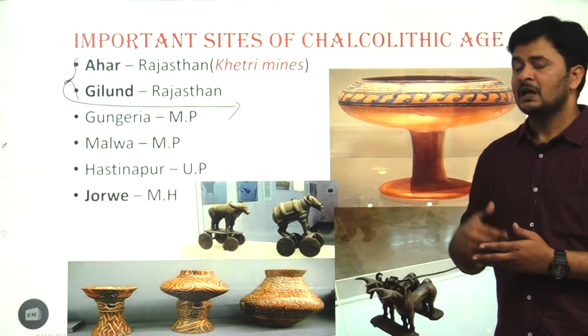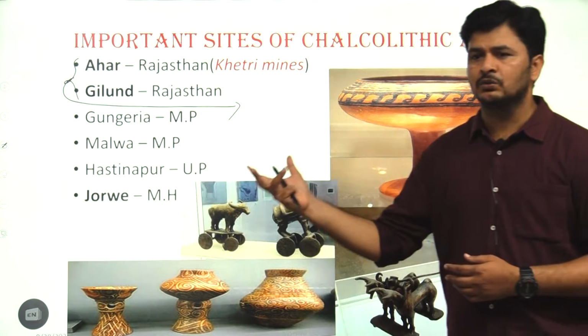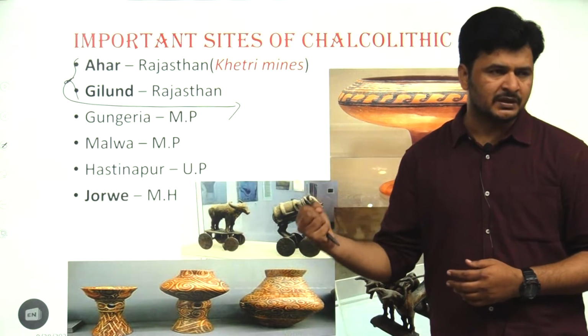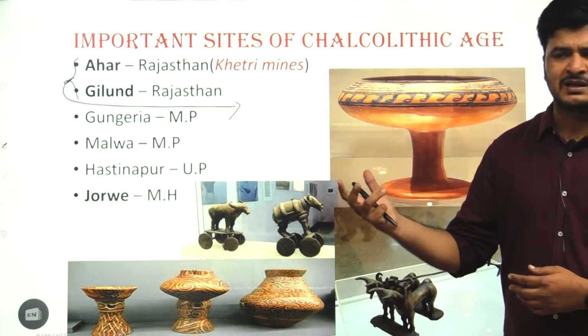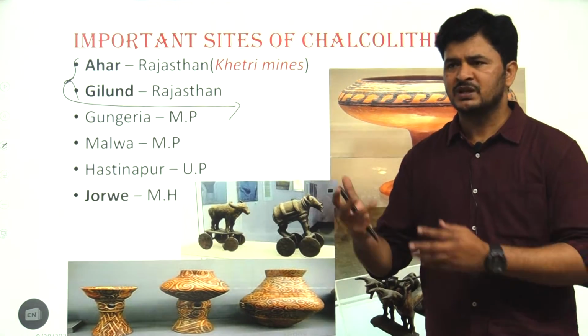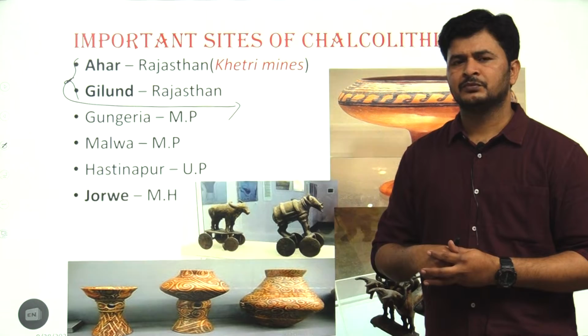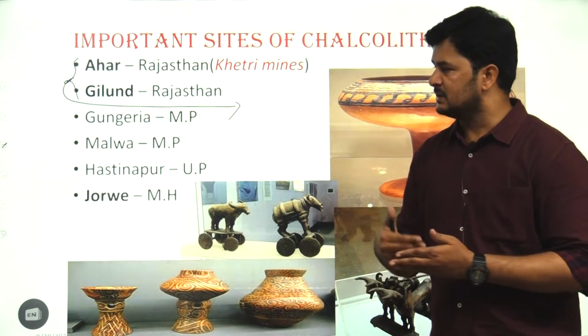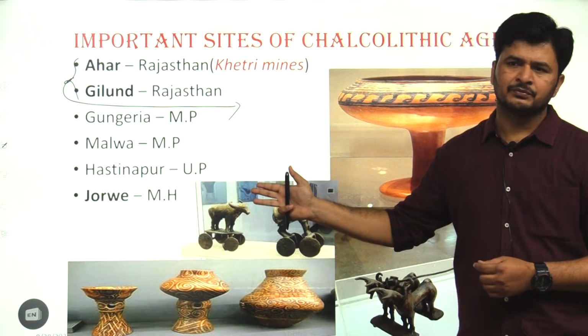Apply the same towards treaties. Treaties are named after the places where they were concluded. For example, the First World War came to an end with the Treaty of Versailles, a Treaty of Paris. Versailles is the name of the palace located in Paris. So treaties, battles, inscriptions, including sites.